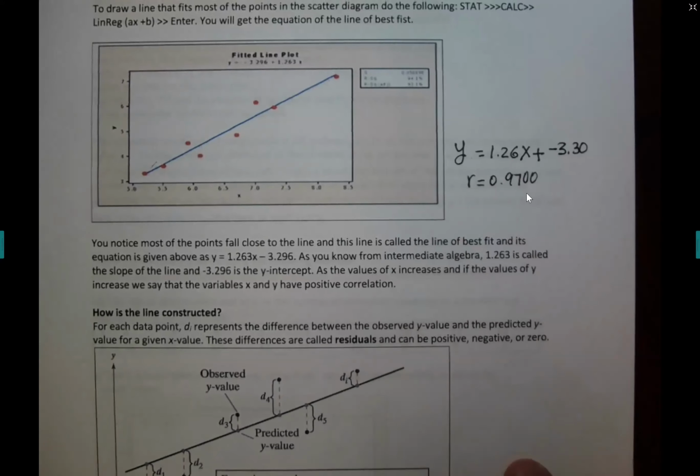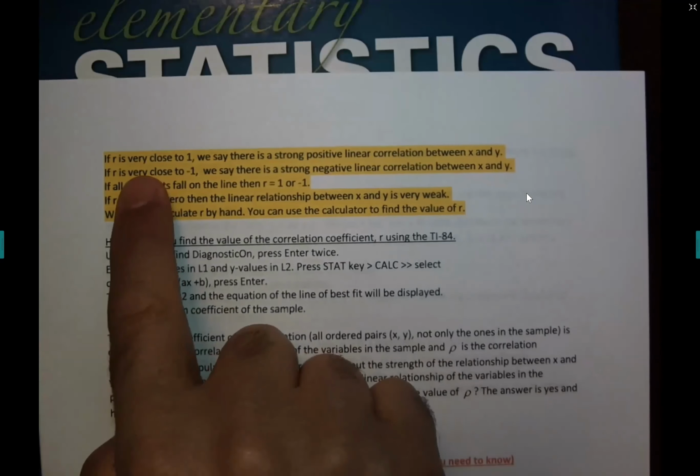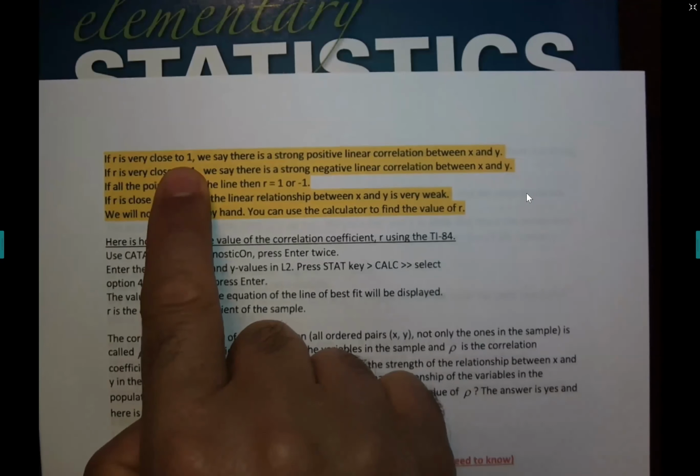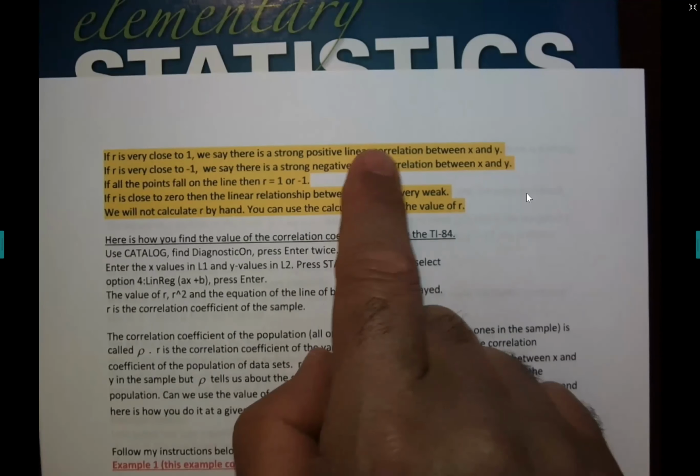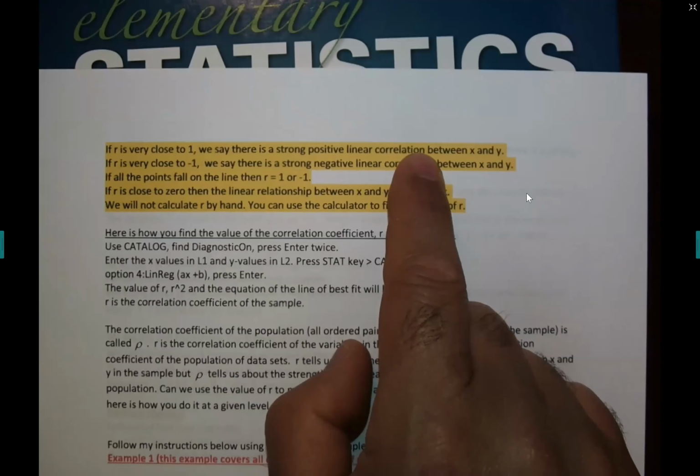It's all written right here. If R is close to 1, we say there is strong positive linear correlation between X and Y. Correlation, guys, means linear relationship.